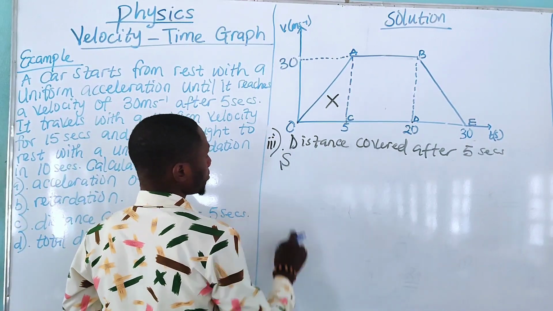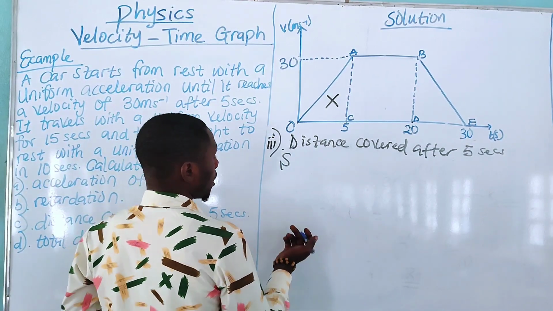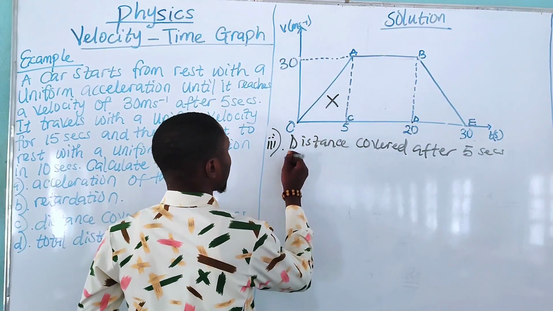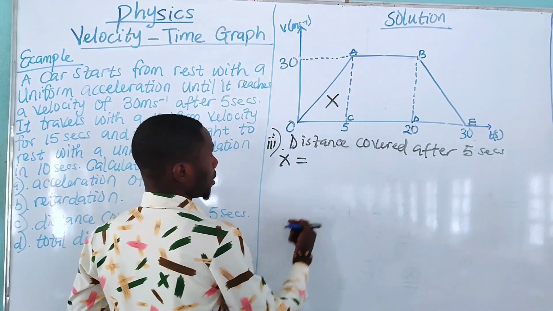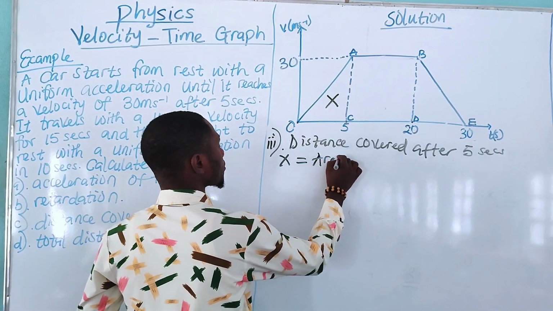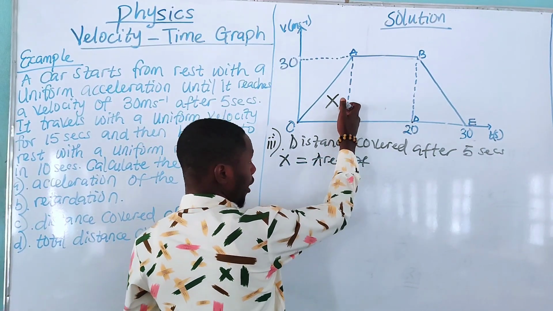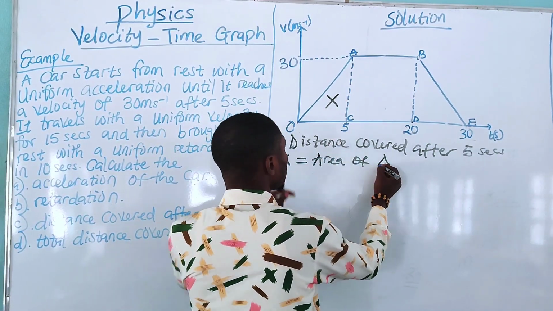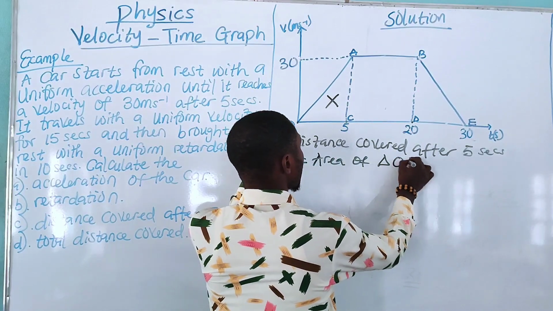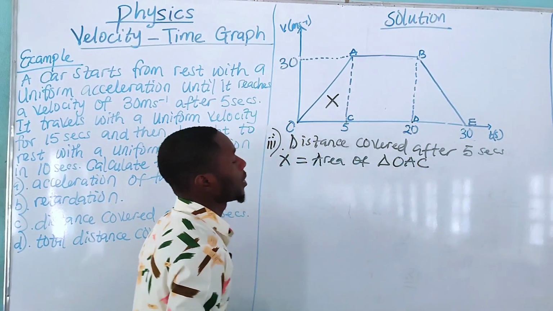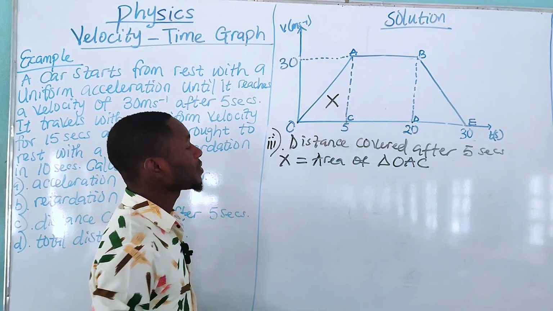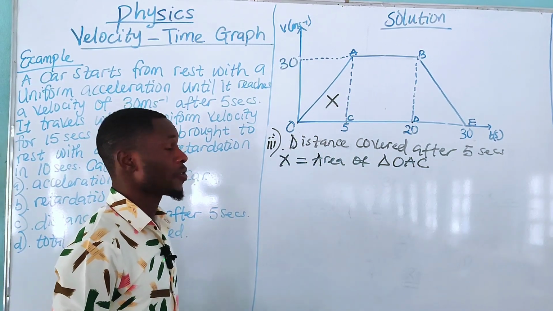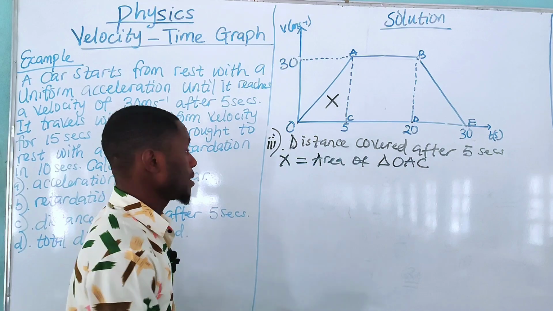Let's call it S. Since we called it X here, let's call it X. And X will be equal to the area of this triangle, triangle OAC. So the distance covered after 5 seconds is equal to the area of triangle OAC.